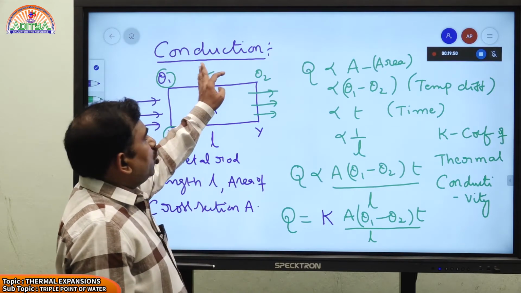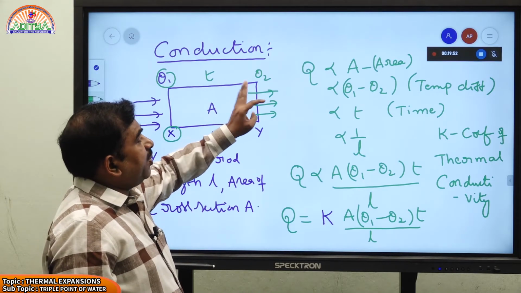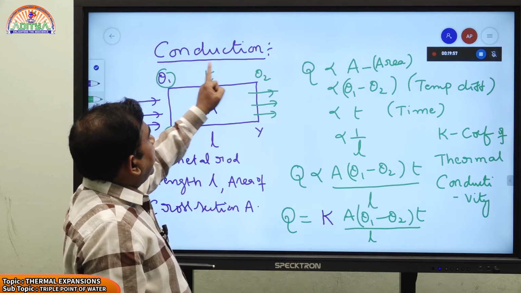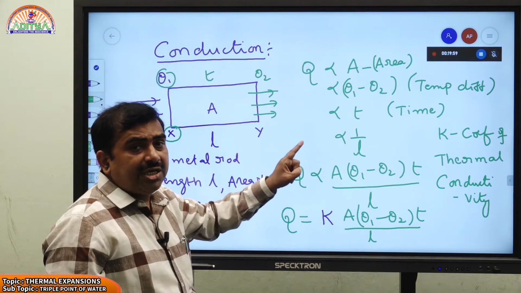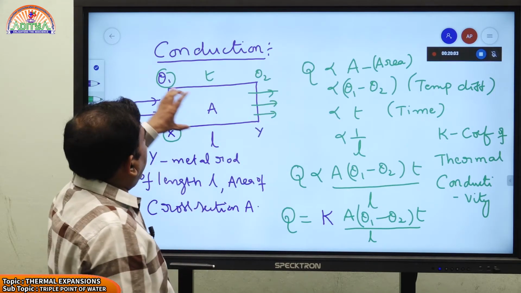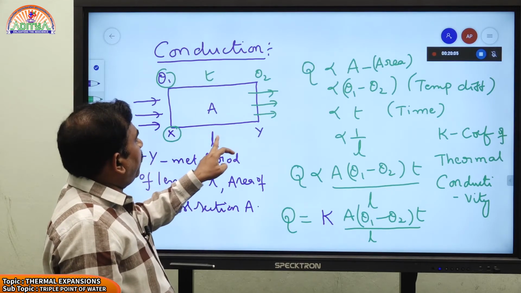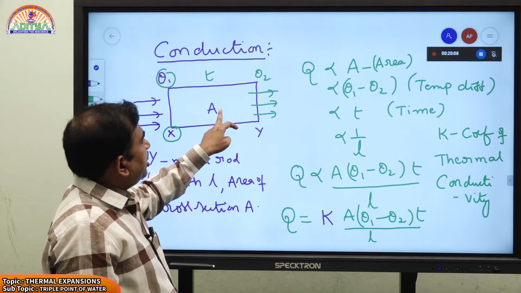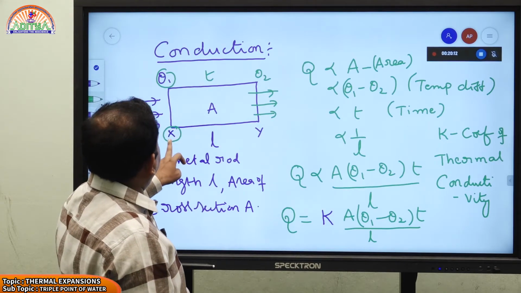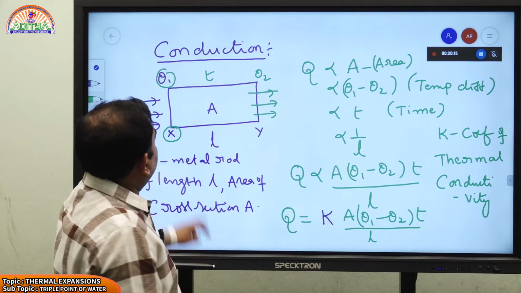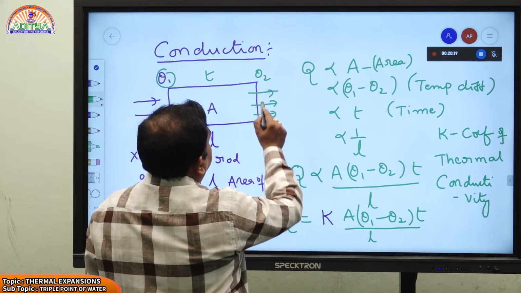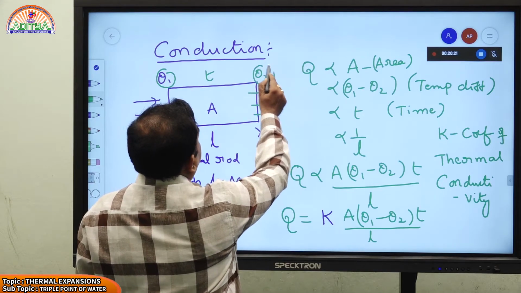Look once again, the process of conduction can be explained by taking a small metallic conductor. You know that conduction means transfer of heat without the actual movement of molecules. So I took a small conductor XY of length L, area of cross section A. Now I allow heat to pass through the first end, that is X, where the temperature is theta 1. That heat will come out through the second end Y, where the temperature is theta 2.